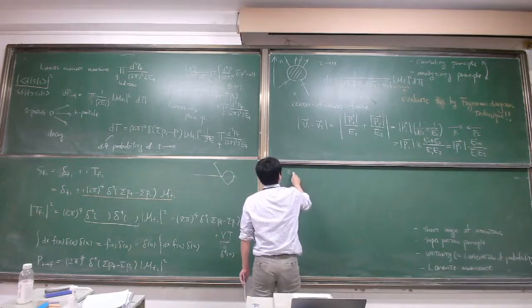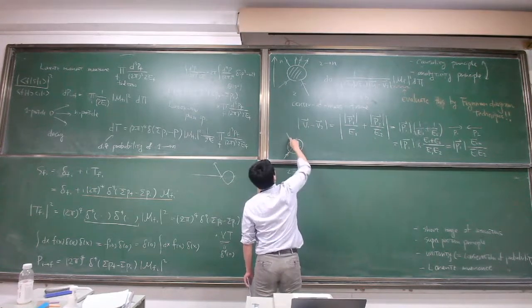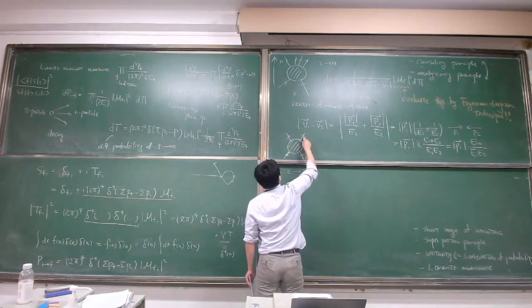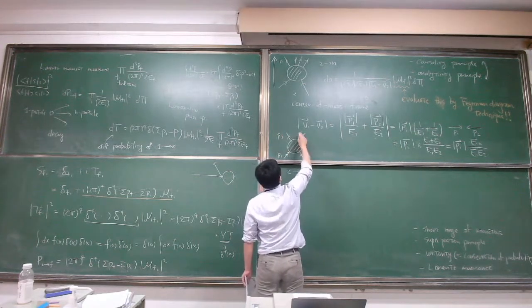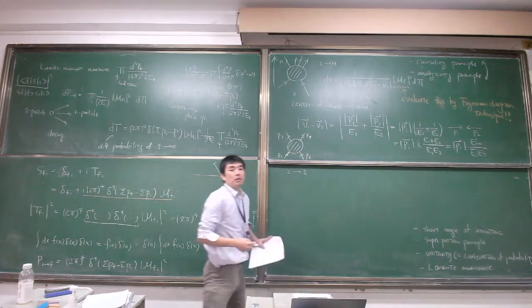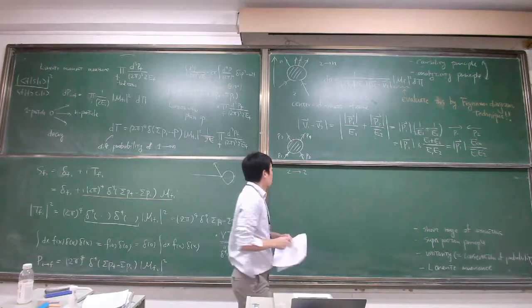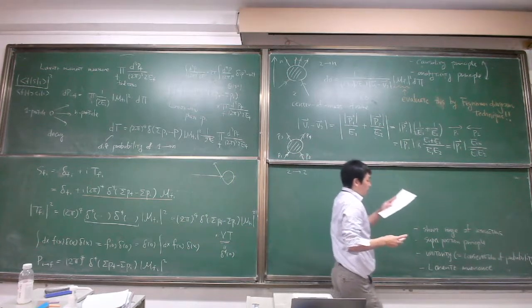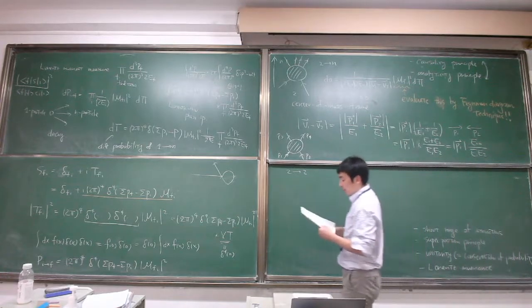2 to 2. So the situation is something like this: two particles, P1 and P2, go to P3 and P4. So we would like to understand this kind of situation in the center of mass frame.